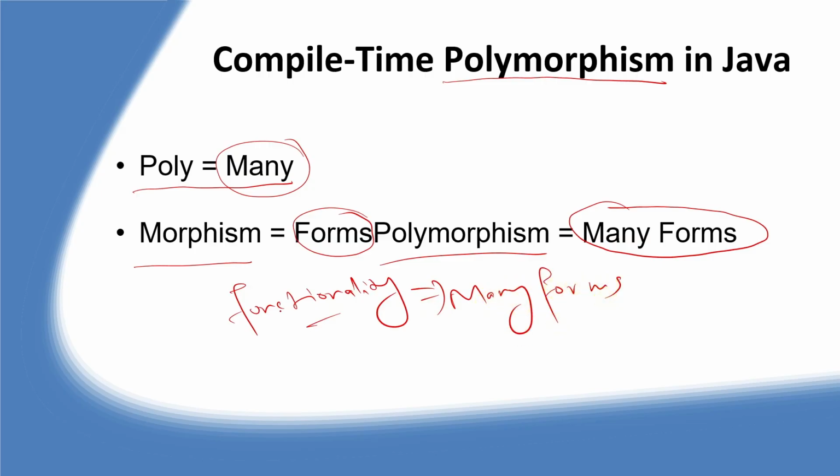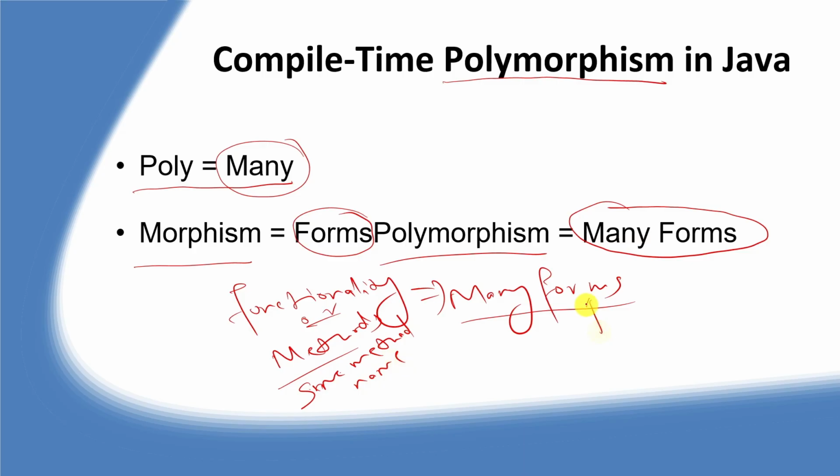What do you mean by functionality? Functionality, or you can say methods. Okay. So we can have same method name but different forms. Okay, same method name but many forms, different forms.